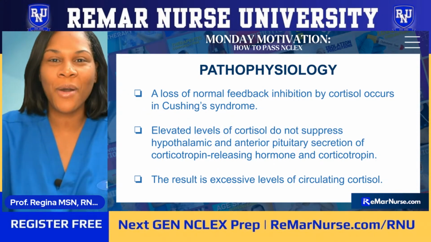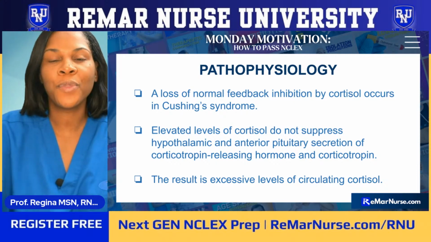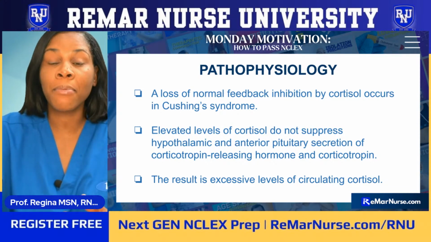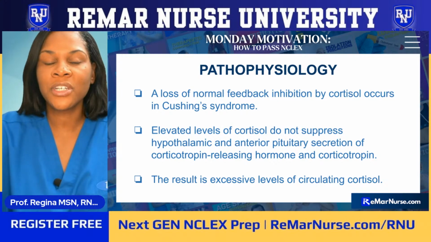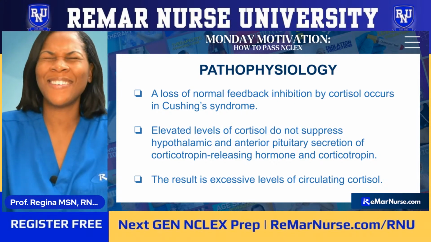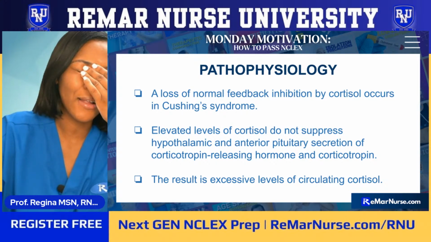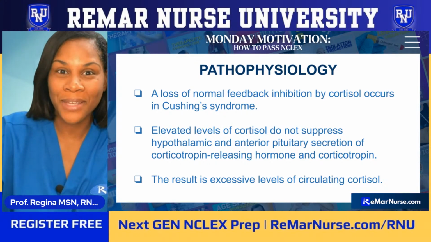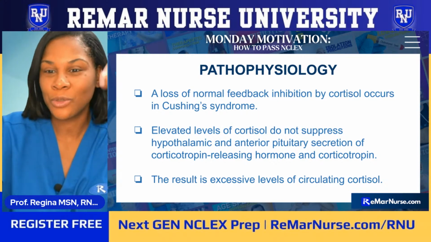Pathophysiology. Let's talk about why this happens, this Cushing disease. So you're having a loss of normal inhibition. Cortisol is based on a feedback program. The hypothalamus communicates to the pituitary gland.